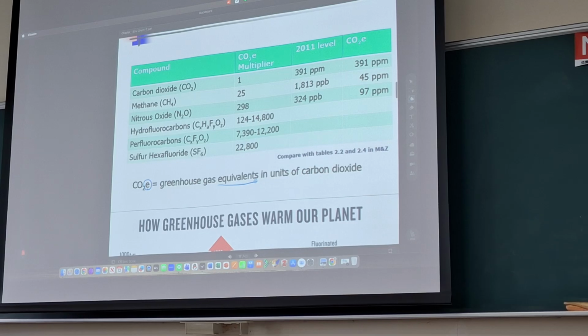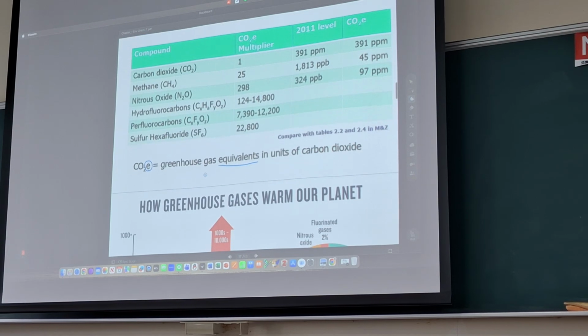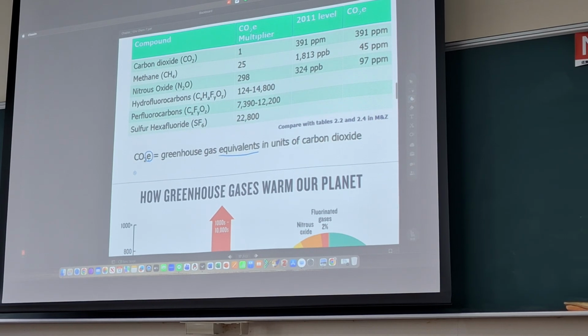This means the different greenhouse gases trap different amounts of heat, so to compare them, scientists convert everything.